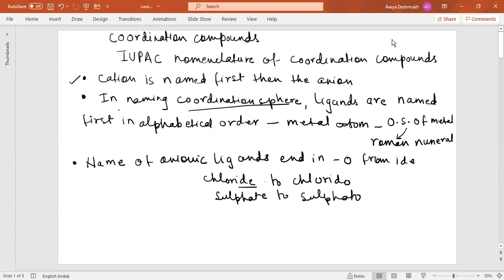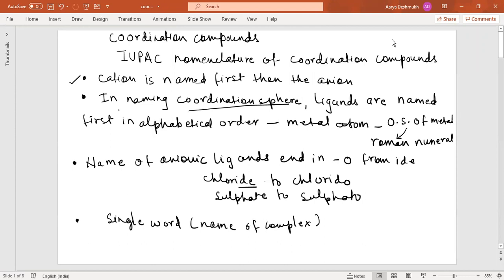Now the next rule: the name of the complex is one single word. There should be no space in between, neither between different ligands nor between the ligand names and the name of the metal.